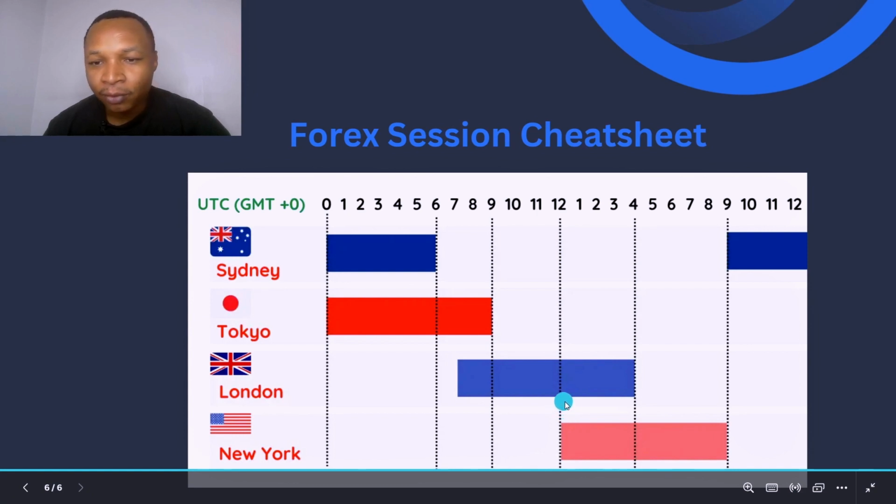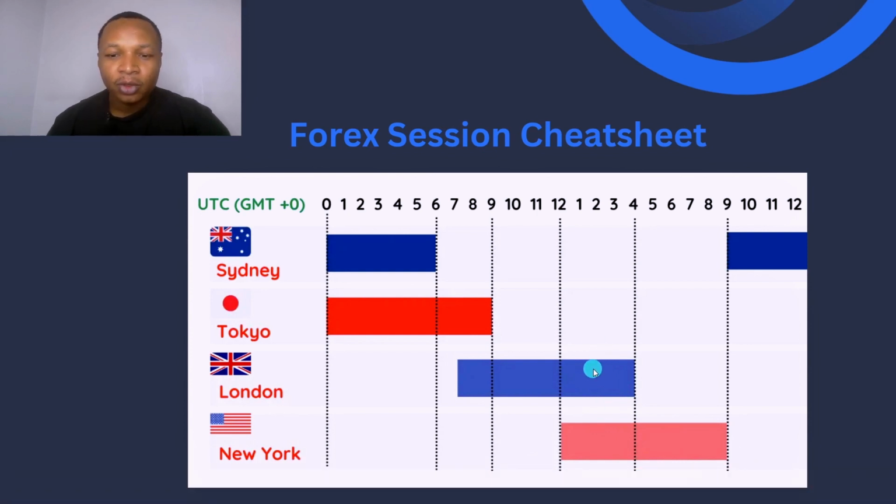So there is about a 4 to 5 hour overlap between the London session and the New York session. Okay, so you can look at your current time zone and know the session to take advantage of, because in some sessions, based on your time zone, you may be asleep.